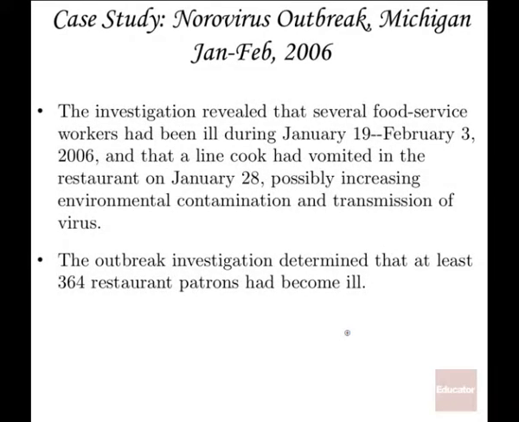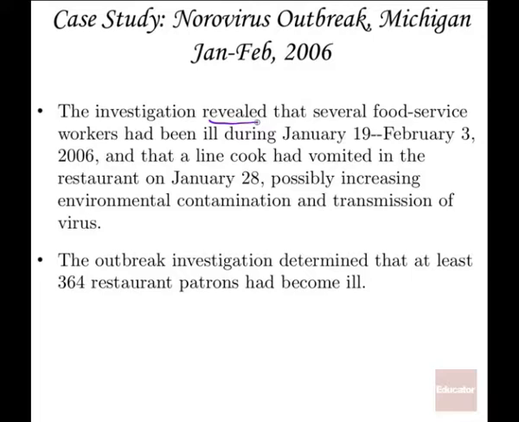So conducting the investigation revealed that several food service workers had become ill during that period of time. And in particular, a line cook had thrown up in the restaurant. Isn't that just wonderful? We don't really know what goes on in the kitchen, do we?